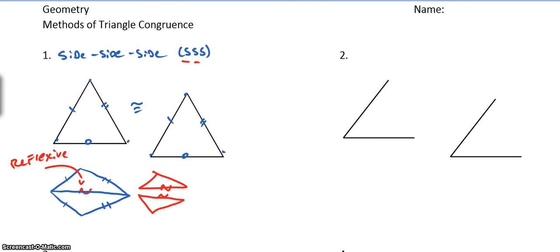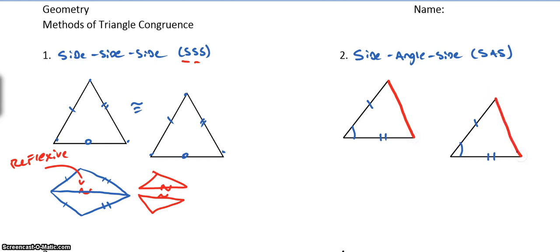That's our first method. The next one is side, angle, side. Side, angle, side is SAS. And what it says is this. If I have this side, the included angle, and another side, and those 2 are exactly the same, there's only one possible length, one possible side that can connect these 2 exactly.